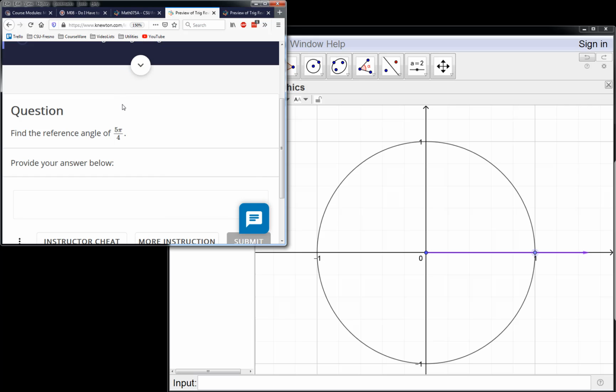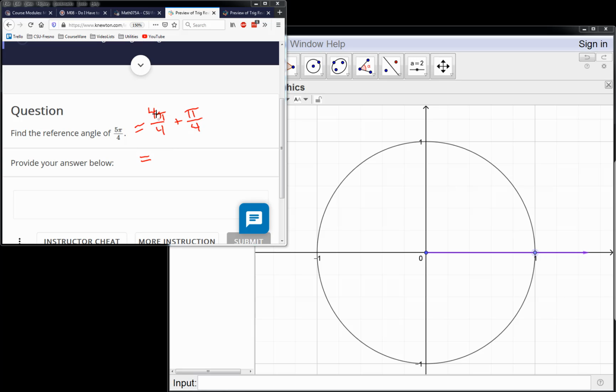The way I think about it is that 5 pi over 4 is 4 pi over 4 plus one more pi over 4. When you look at a fraction like this, you want to think about it in terms of whole pies and then plus extra stuff. So 5 pi over 4 is exactly equal to 4 pi over 4 plus pi over 4.